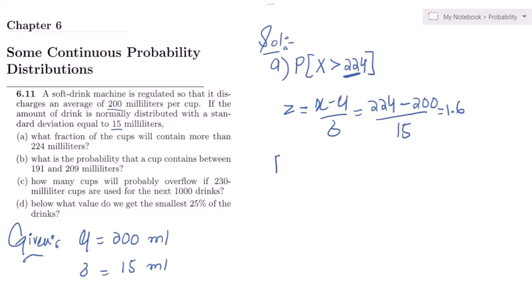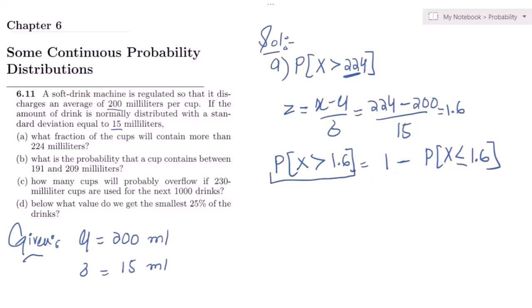Therefore, we want to find the probability that z is greater than 1.6, but the z table is on the basis of z being less than or equal to 1.6. So we have to find the value in the z table and subtract it from 1.